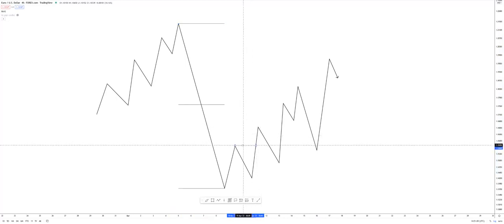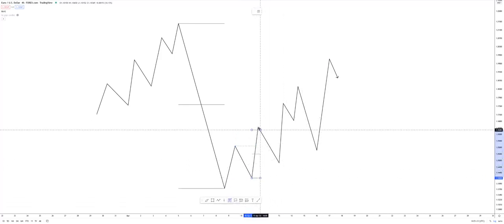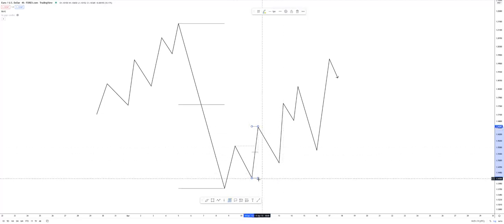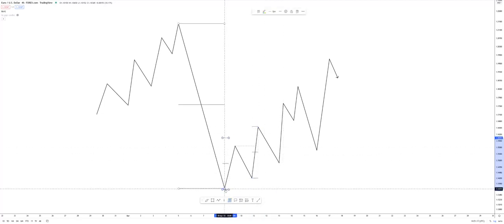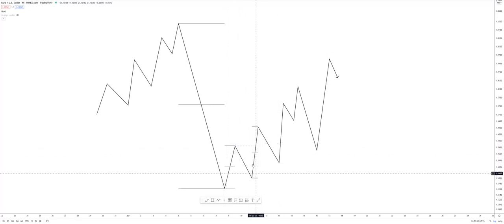So as you can see here, we get this internal structure break, and as long as we mitigate to the discount in this case of that zone, and we know that the internal structural order flow is in place, we can get in on these moves.